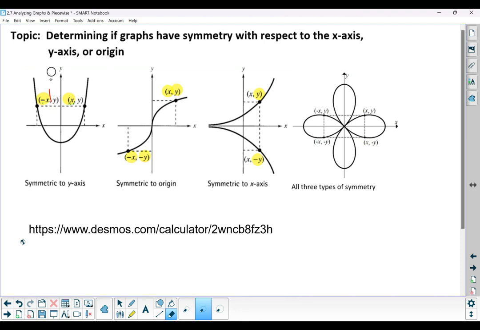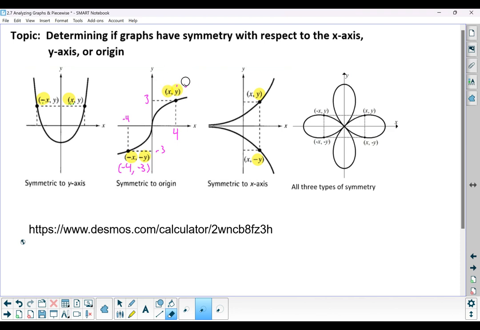Okay, so the next one, symmetric to the origin, is the one that is probably the trickiest for people. Symmetric to the origin is a rotational symmetry. So you can see that, for example, if this function goes through the point 4, 3, if it's symmetric to the origin, it'll also go through negative 4, negative 3.